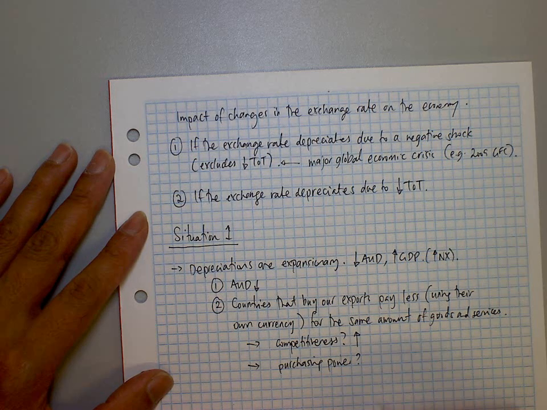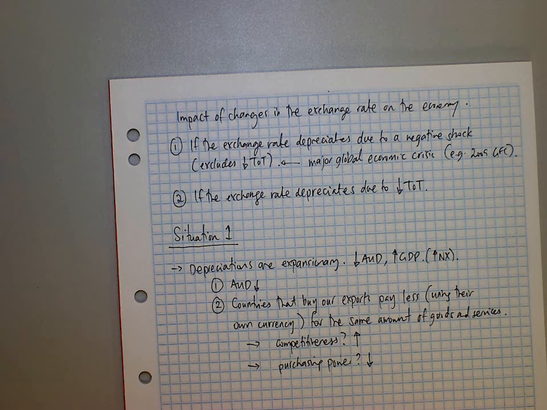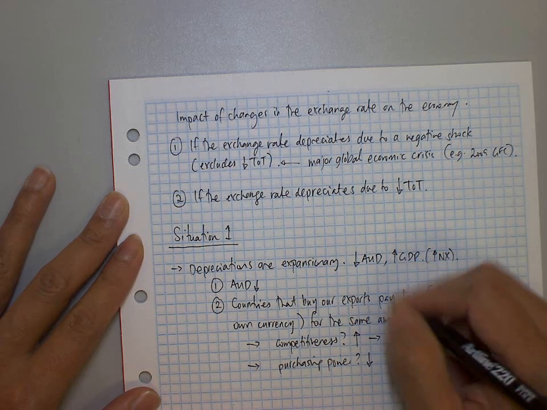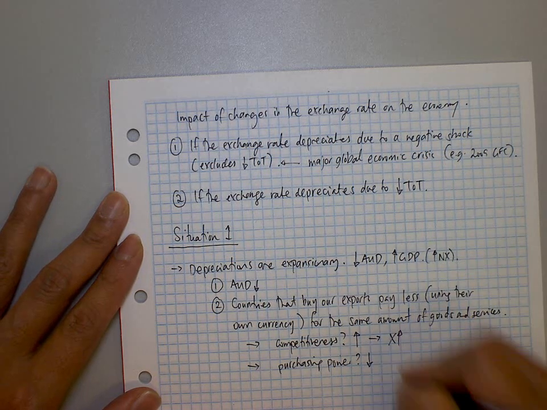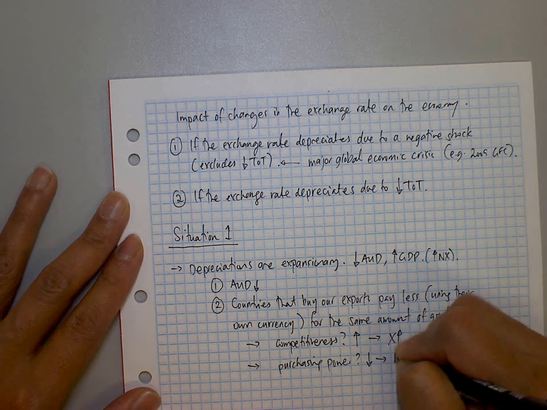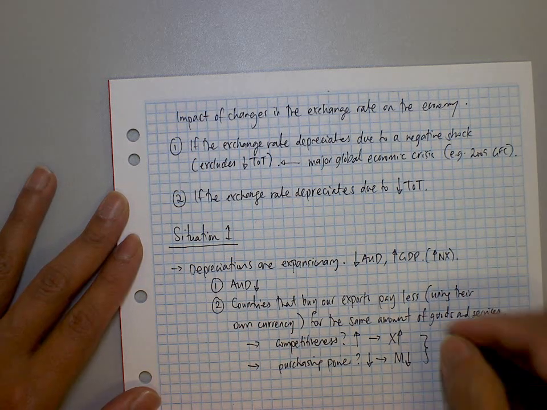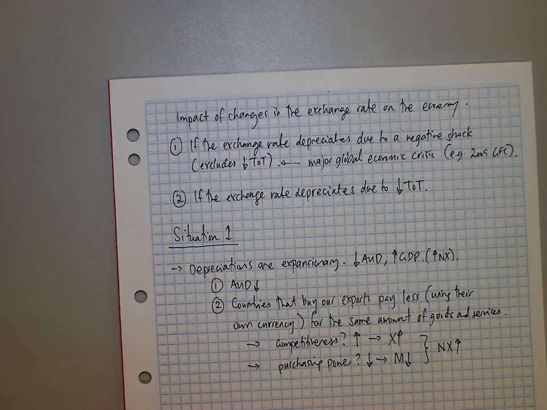So we can only import fewer goods and services. So using these two as, I guess, indicators, you could say, if our competitiveness goes up, our exports go up. If our purchasing power goes down, our imports go down. So what that does is the net impact results in an increase in net exports.